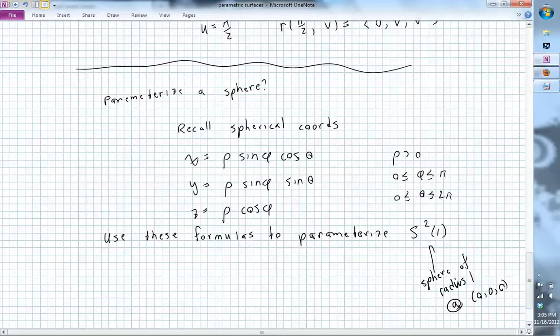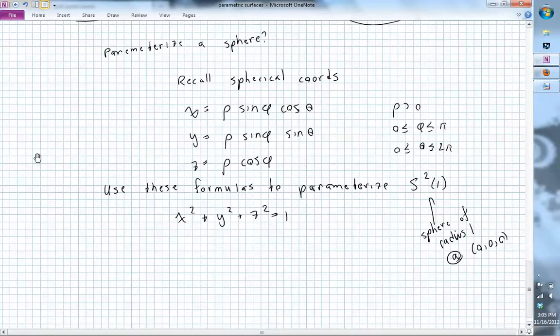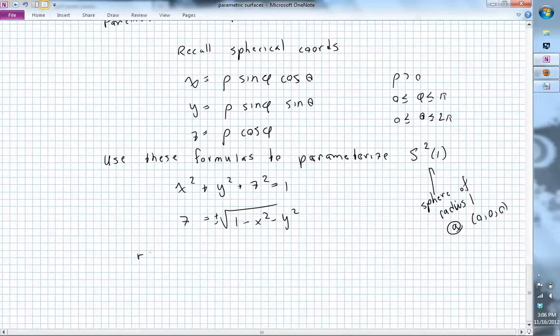Okay. So we can use these formulas to parameterize S2 of 1, which has a formula of its own. Right? We know the Cartesian formula for this thing, and if pressed, we could solve, say, z equals the square root of 1 minus x squared minus y squared, and that would be plus or minus there. And we could parameterize using this formula, but we only get to parameterize half of it at a time.